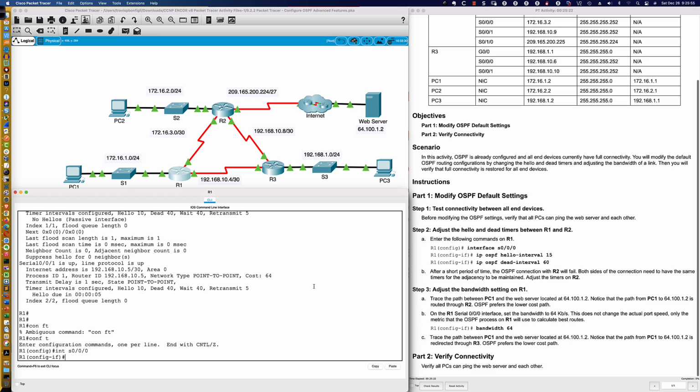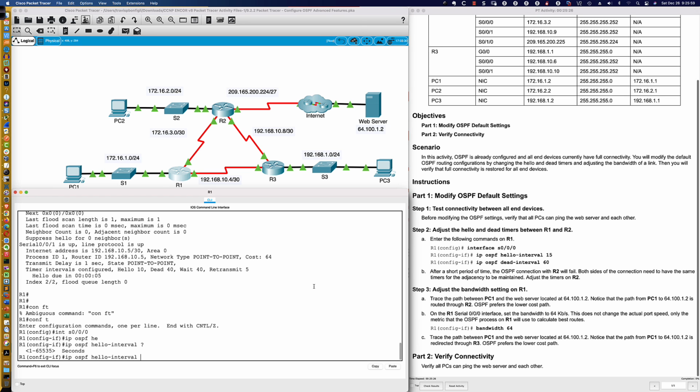Now, I want you to watch something. If I say IP OSPF hello interval, I can shrink that down to 1 second. Pretty quick, right? And by default, the dead interval is going to be 4 times the hello interval. So the dead interval would change to 4.